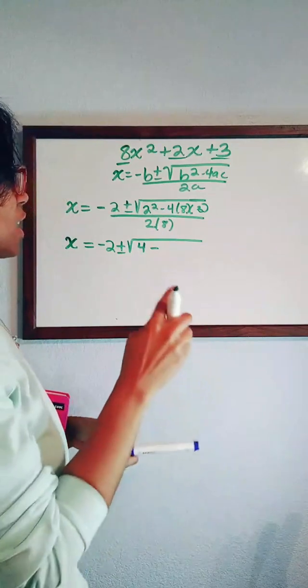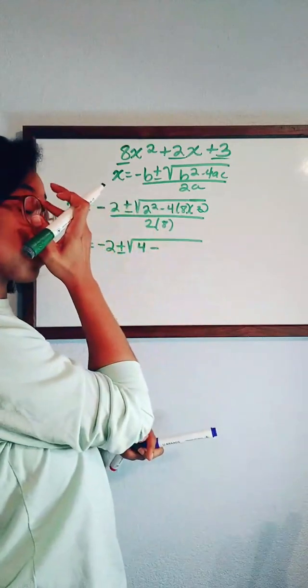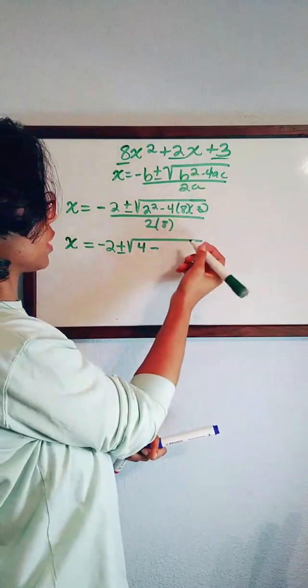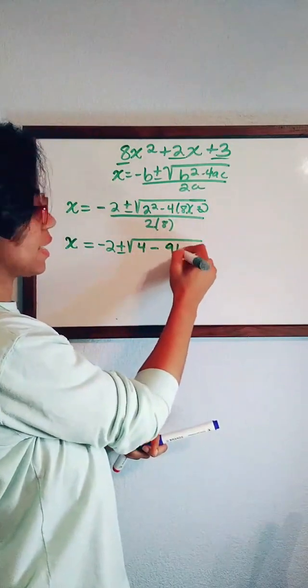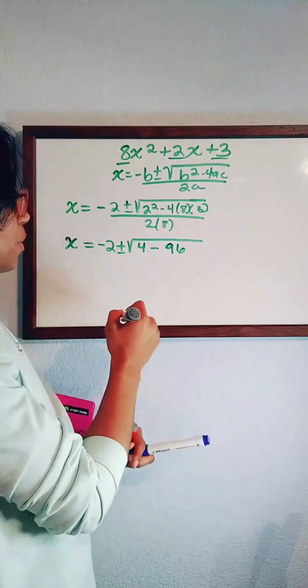I got 4 times 8 is 32, then 32 times 3 is 96. There we go.